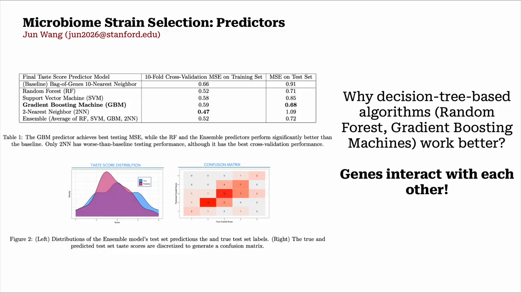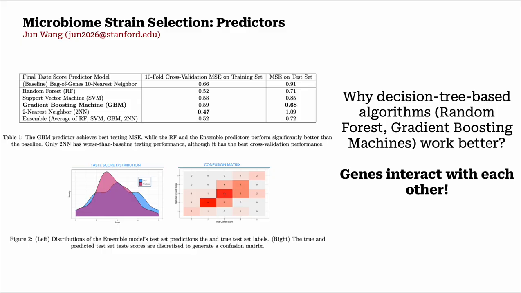These include random forest, support vector machines, gradient boosting machines, k nearest neighbors, and an ensemble model of all the above models. What I found was that decision tree based algorithms such as random forest and gradient boosting machines work much better than the other algorithms.